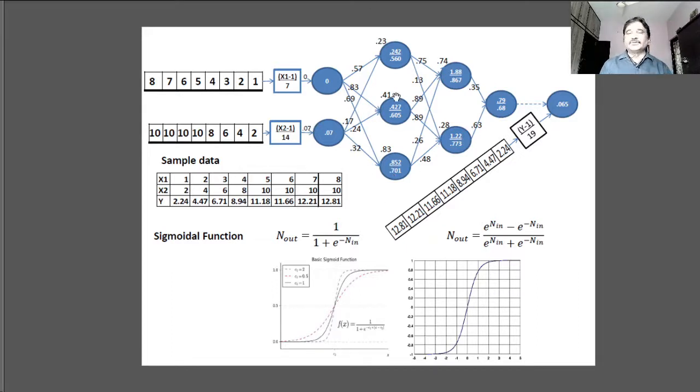Having got these values, because you are doing the sum of the products, there is always the possibility that the sum exceeds 1. And in a neural network, we do not allow any neuron to have a value greater than the range in which it is to be bound. Our neural network is bound between 0 to 1, so we have decided that any neuron should have a value between 0 to 1.